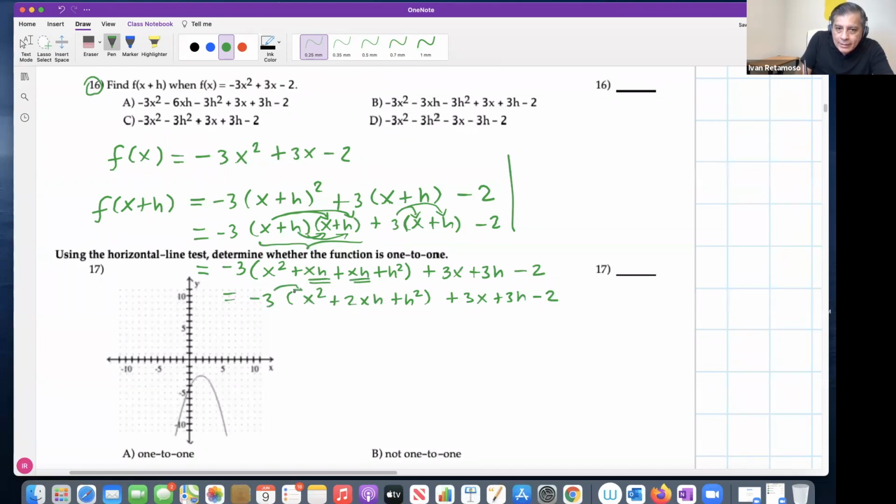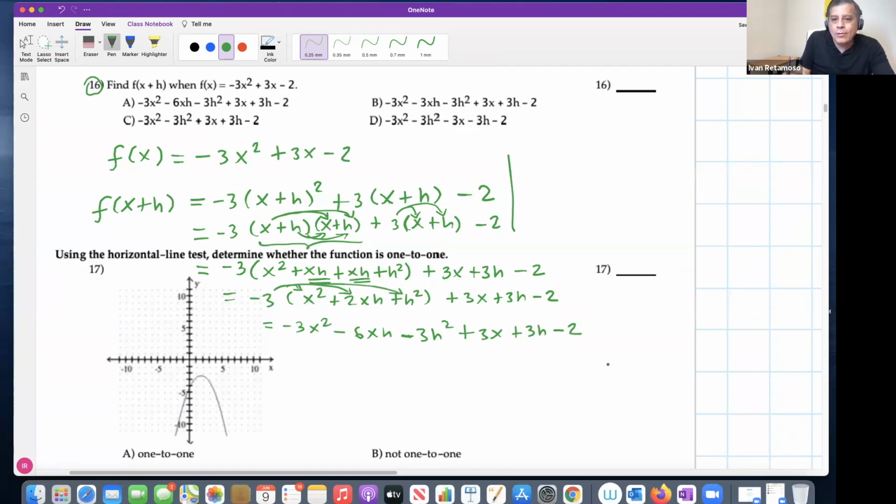Finally, look, multiply this -3 over: -3x squared will be the first term, second term, -3 times +2 is -6xh, -3 times h squared is -3h squared, plus 3x plus 3h minus 2, right?